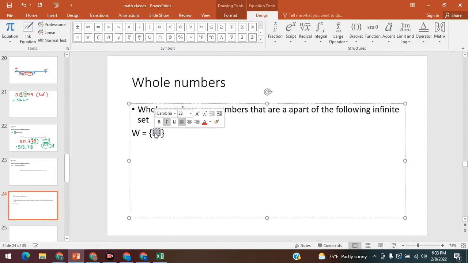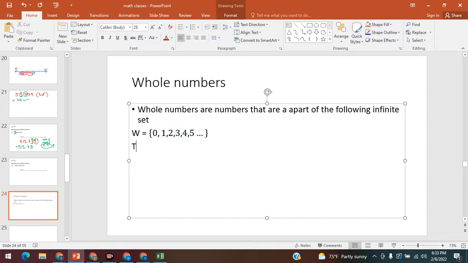It's going to be 0, 1, 2, 3, 4, 5, and so on.